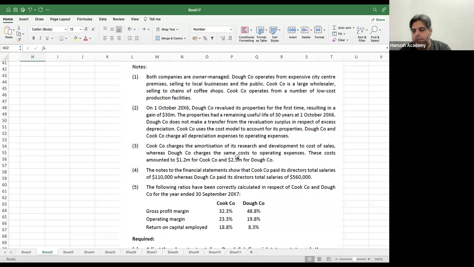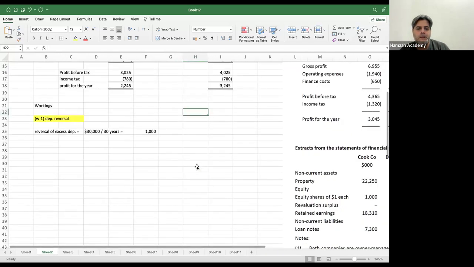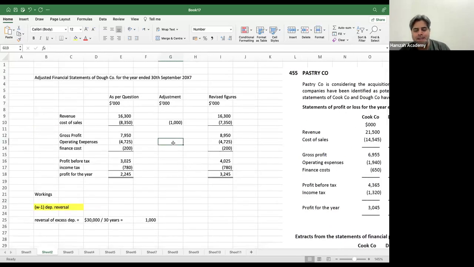And why do we have to adjust it for the Dow company? The reason being that Cook company charges amortization of research and development to the cost of sales, and Dow company charges the same to operating expenses. For Cook it's 1.2 million, and for the Dow company this is 2.5 million. So basically we are going to add this 2,500 over here, and then minus this 2,500 from here because we have to adjust our cost of sales for this, right?